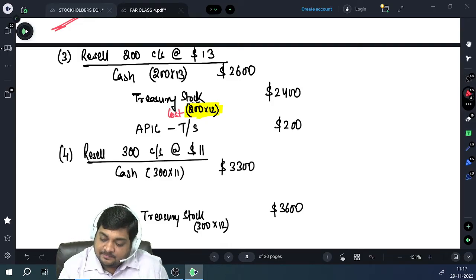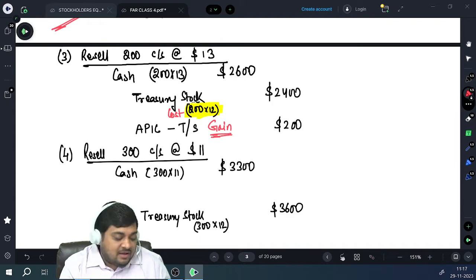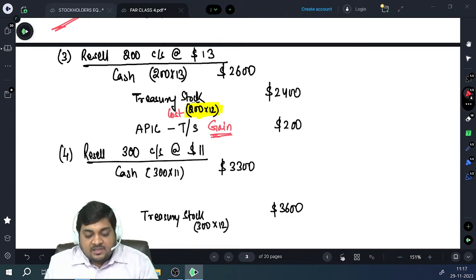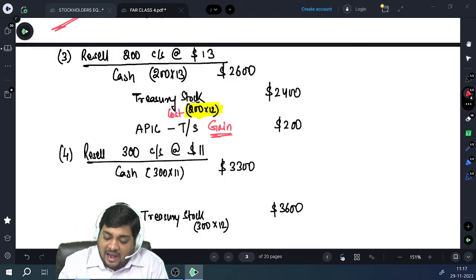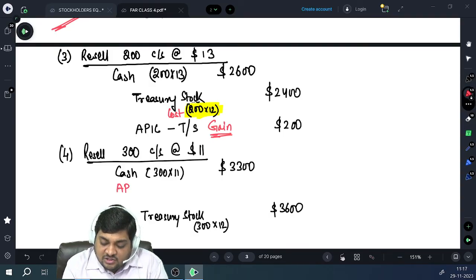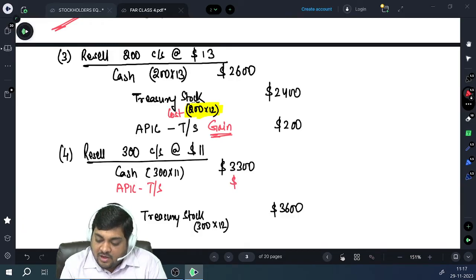This is gain, so already I have gain in my books. Same as retirement, whatever loss you have at the time of resale, you will first debit additional paid in capital treasury stock. So you have 200. And for the balance, you will debit retained earning.